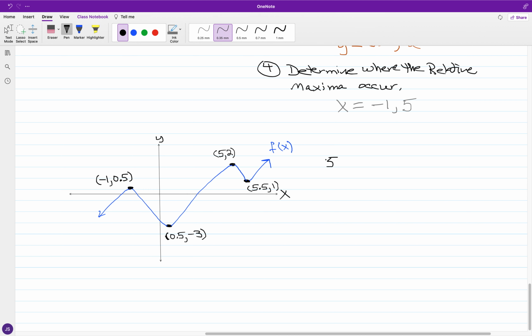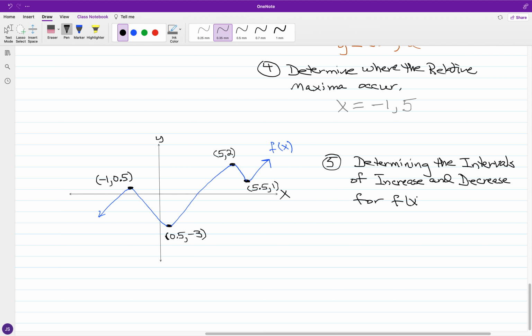For the remaining description, at this stage, you have determining the intervals of increase and decrease for f of x.